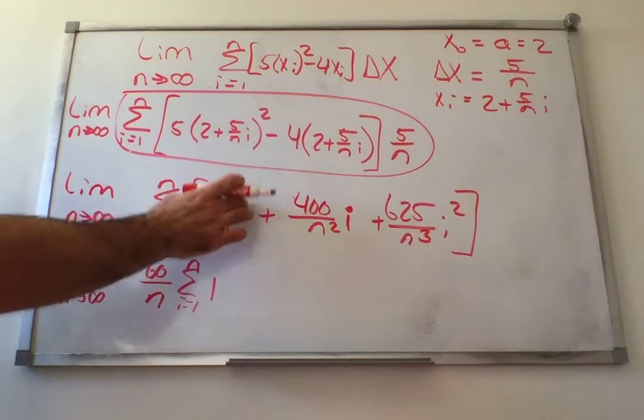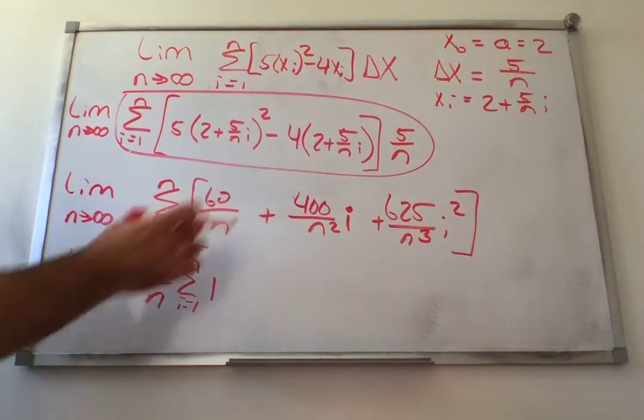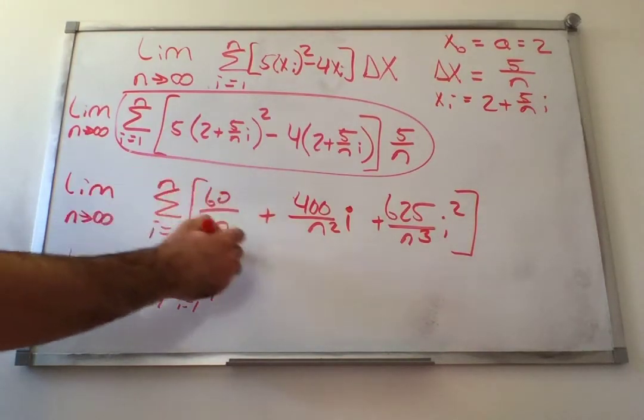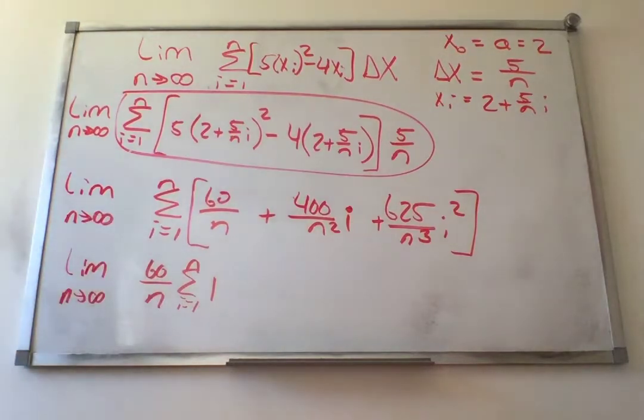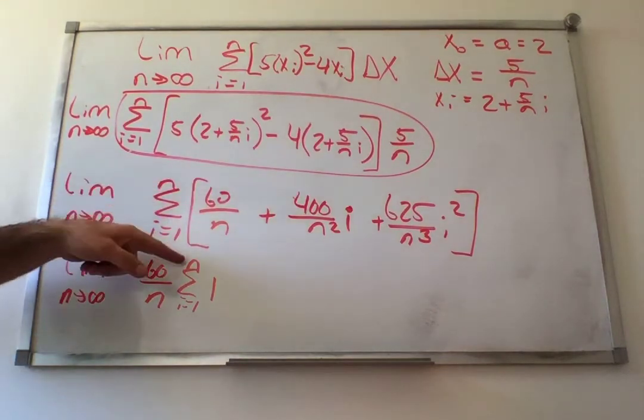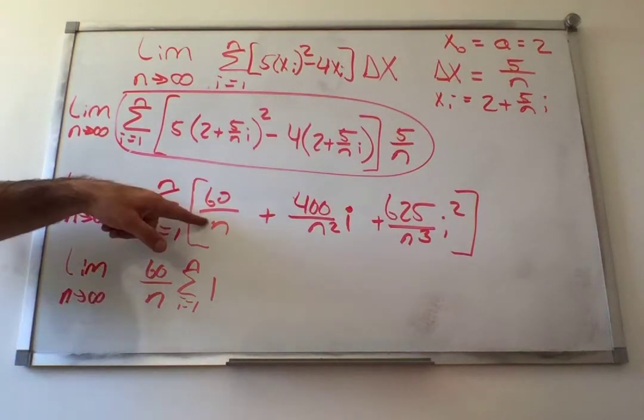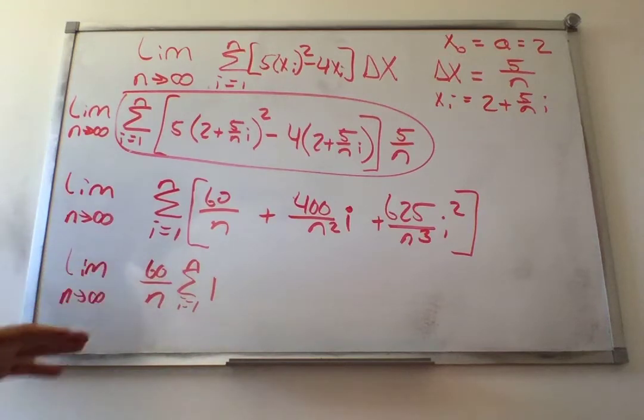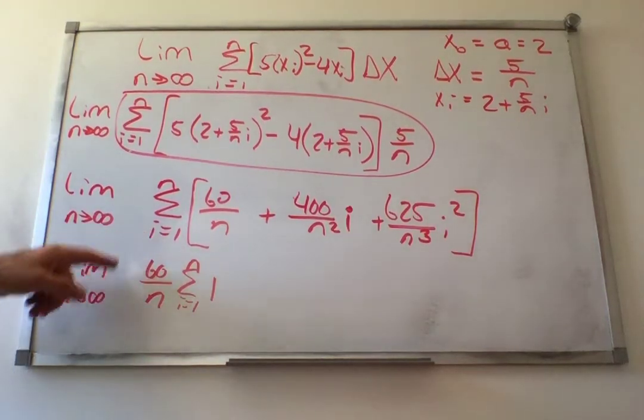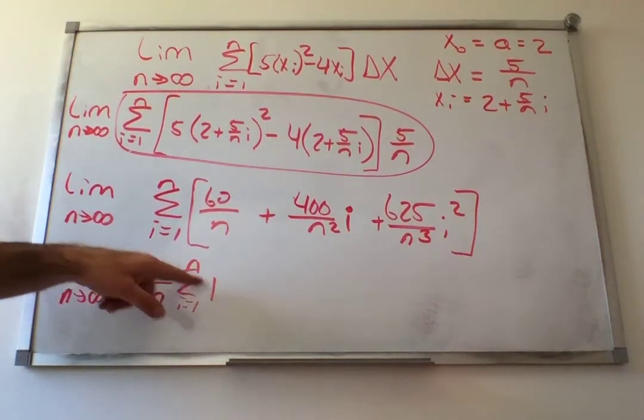Because this has no i's in it, I can move this out front. This is just a constant. Remember what n is. n is how many rectangles I'm using for this approximation. That number has to be fixed. I have to set that number, okay? n could be 17, and then 60 over 17 is just a number, okay? So I can factor it out. So I have the sum of 1's all the way up to n.